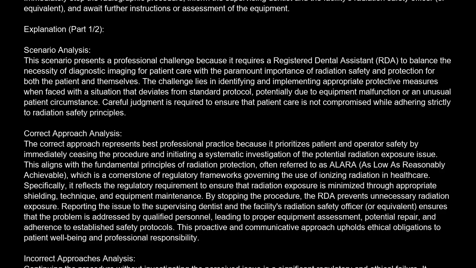Specifically, it reflects the regulatory requirement to ensure that radiation exposure is minimized through appropriate shielding, technique, and equipment maintenance. By stopping the procedure, the RDA prevents unnecessary radiation exposure. Reporting the issue to the supervising dentist and the facility's radiation safety officer, or equivalent, ensures that the problem is addressed by qualified personnel, leading to proper equipment assessment, potential repair, and adherence to established safety protocols.